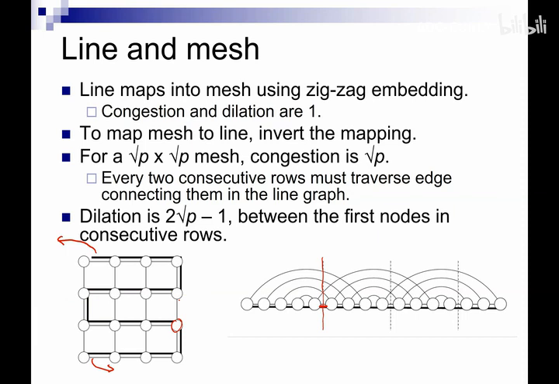The way to see that is if you look at the first node in a row and the last node in the next row, these 2 nodes are directly connected in the mesh, but when you take a path in the line graph, the length of that path is going to be 2 times root p minus 1.